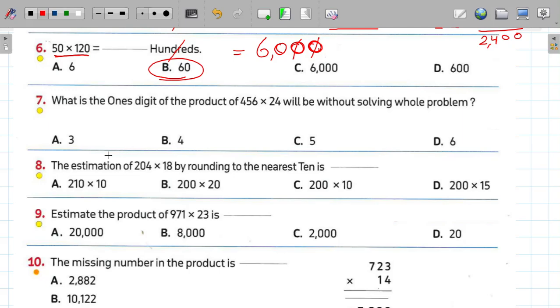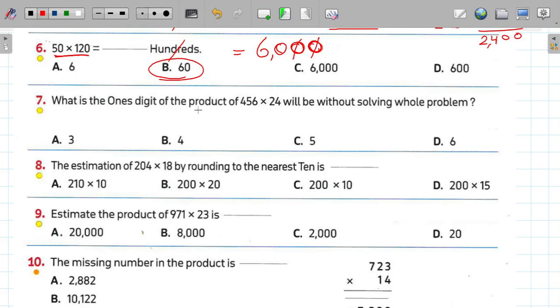Okay, number 7, he said, what is the ones digit of the product of 456 times 24, without solving the whole problem?